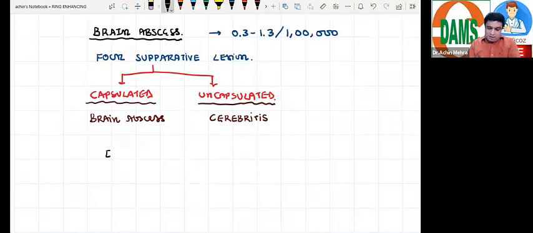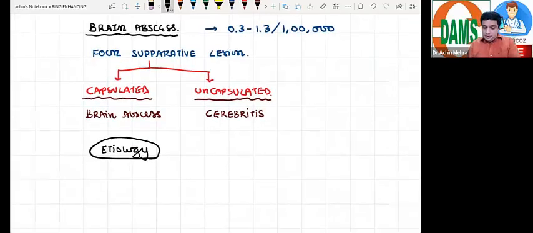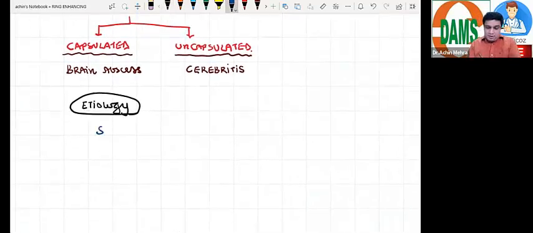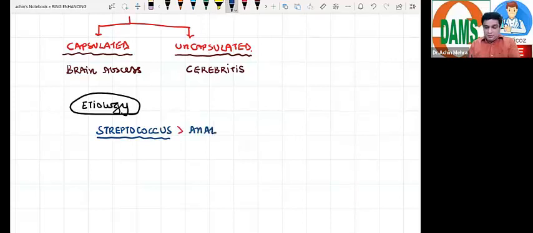Now, what are the common etiologies for brain abscess? I'm talking about the organism this time. The most common organism responsible for it is the streptococcus. Now, the second one in the list are the anaerobes.